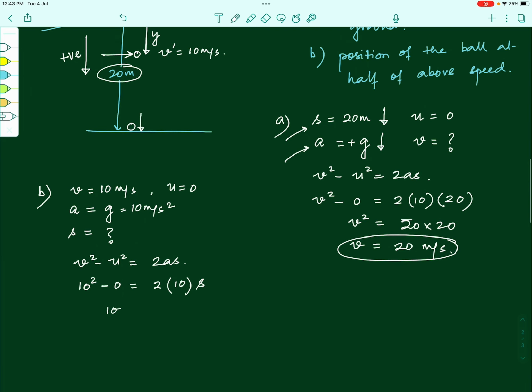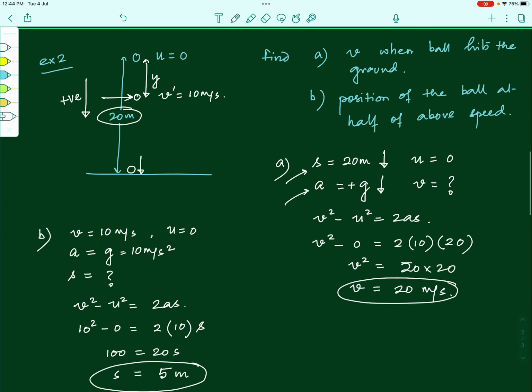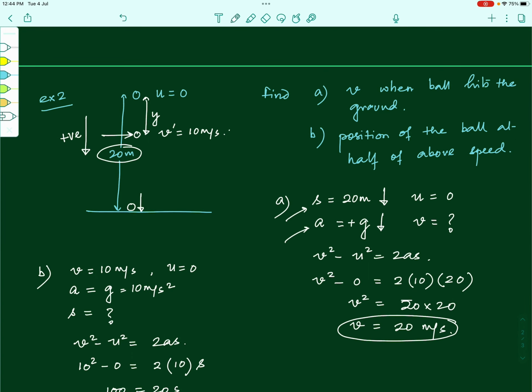So, we are getting 100 is equal to 20 s, or s is equal to 100 by 20, that is 5 meters. So, see that the position where the ball has reached, where its velocity is 10 meters per second, is 5 meters below the point from where it was released. So, the displacement is 5 meters. Okay, this is how we can answer this particular question.